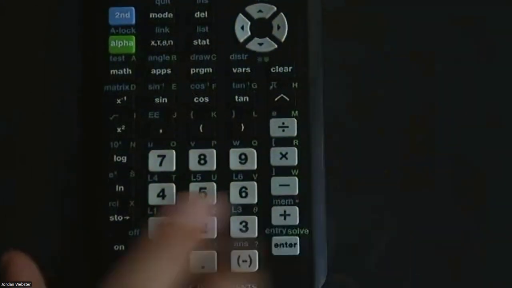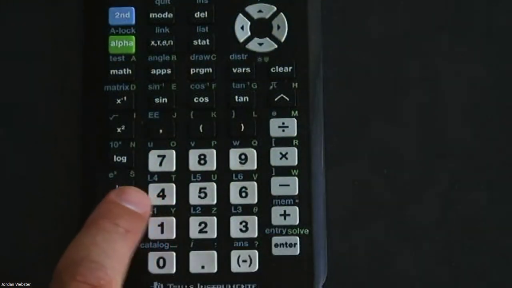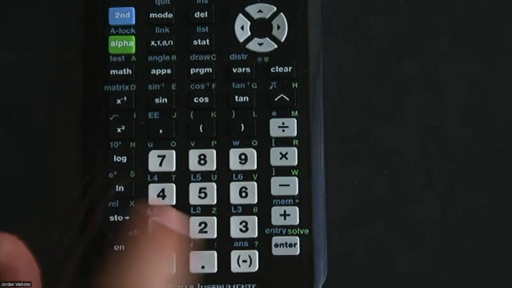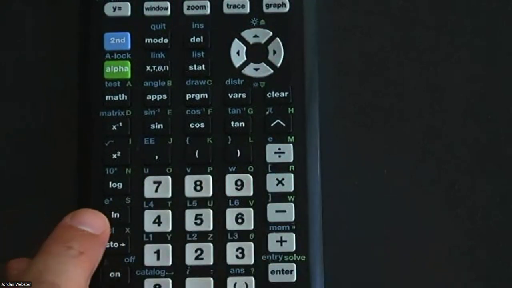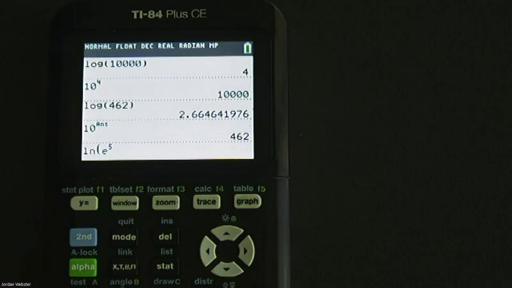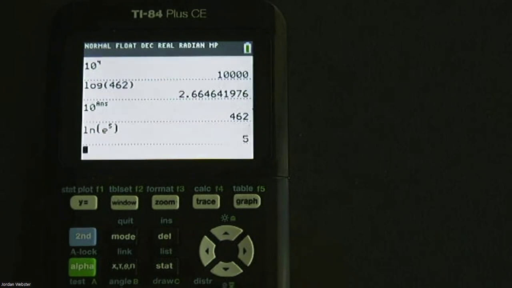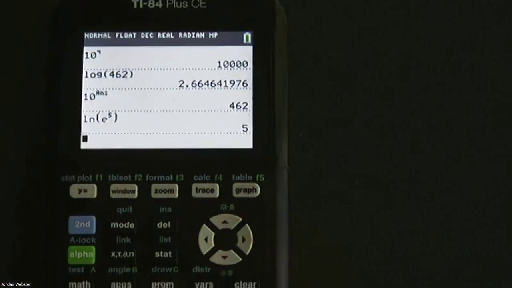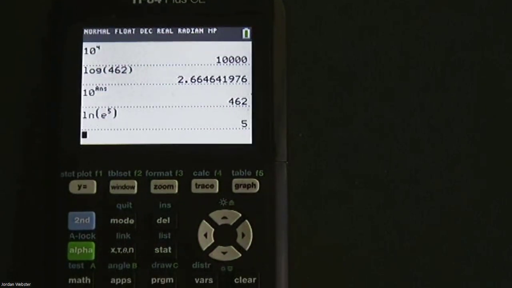If I'm trying to do a natural log of something, that's right next to the 4 button. So I just hit natural log. The e to the power is also second and then the natural log. So in my case, it says take natural log of e to the 5th power. Obviously, that's 5. We're saying e to what power is equal to e to the 5th?